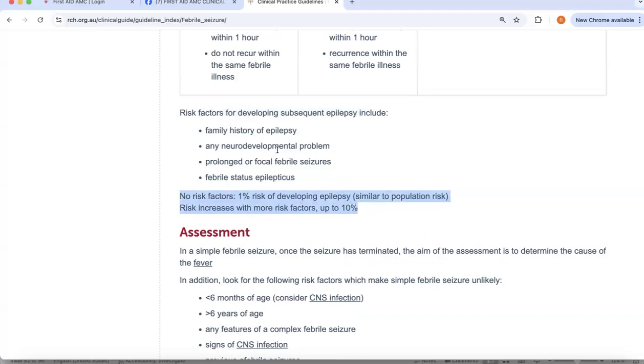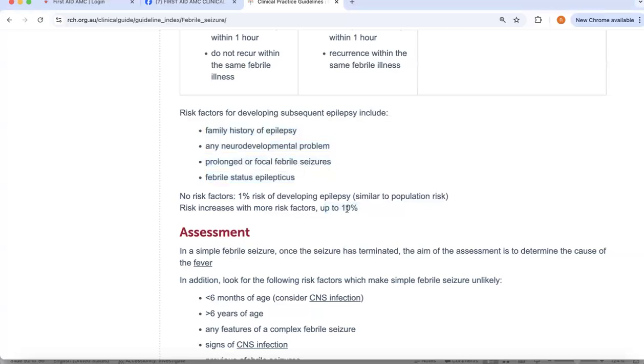So I always say follow RCH because it is the most updated guideline for pediatrics. But again, if there is a 3% in the option, then you would choose that. But always look at that if the child is having any of these 4 risk factors, and if the question says what is the risk of having epilepsy in that child, especially if there is a family history of epilepsy, it is up to 10%.